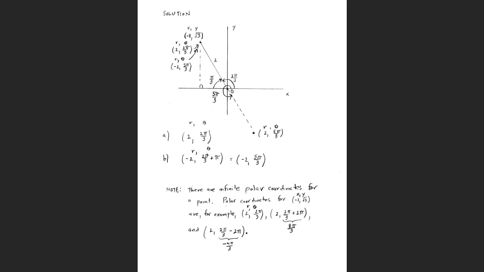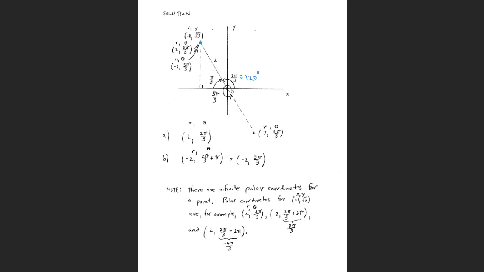Okay, so what I did here is I used the picture to help. I plotted the point (-1, √3), which I know is in the second quadrant, and I know that the radius is 2. And of course, 2 pi over 3 is 120 degrees.